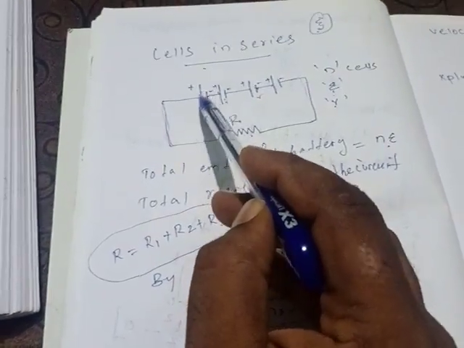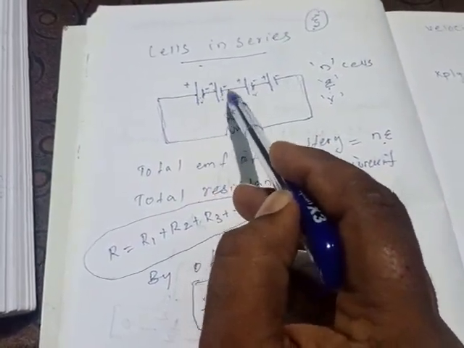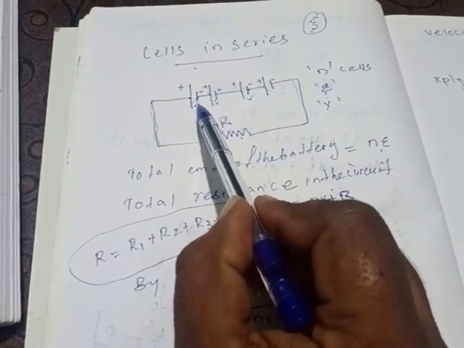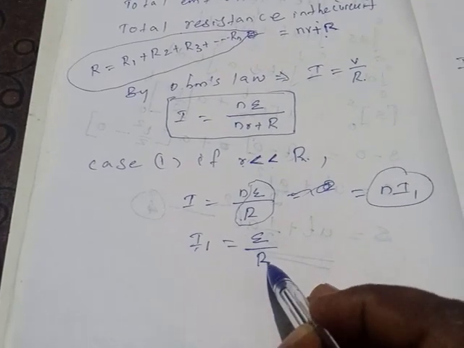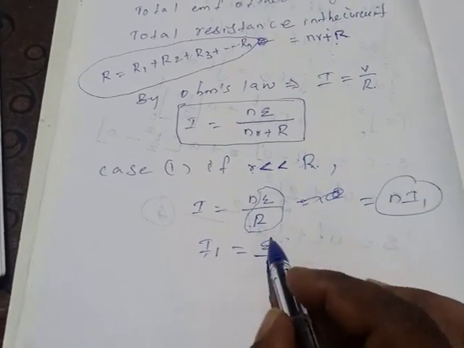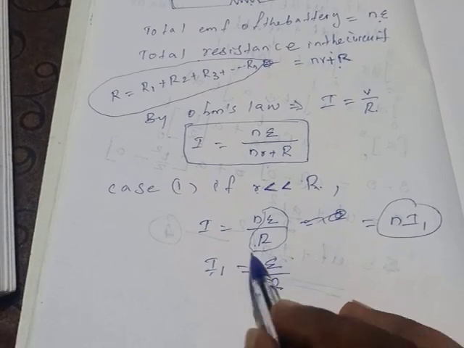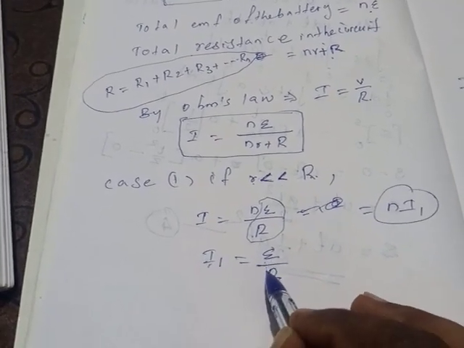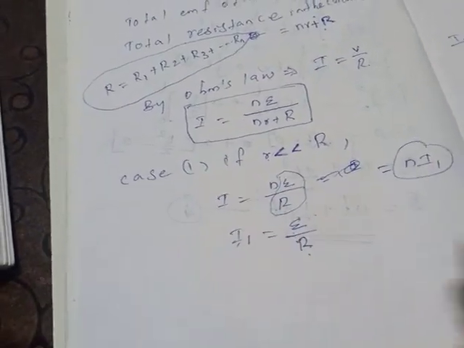Here many cells are connected, I1, I2, I3, I4. So in a single cell, what is the current? EMF by R. So I1 means the current in a single cell.